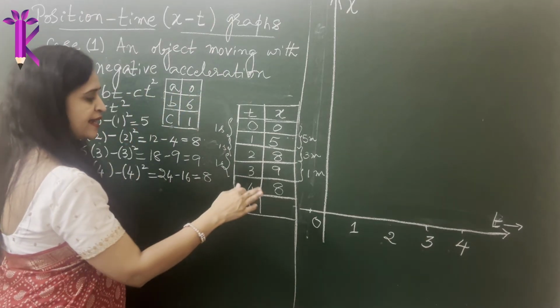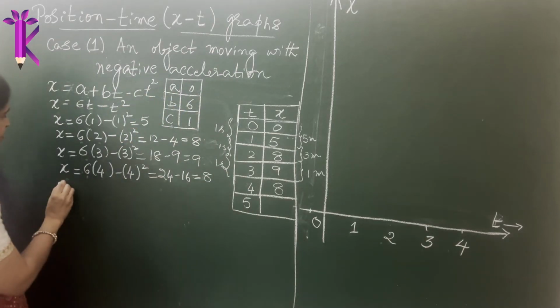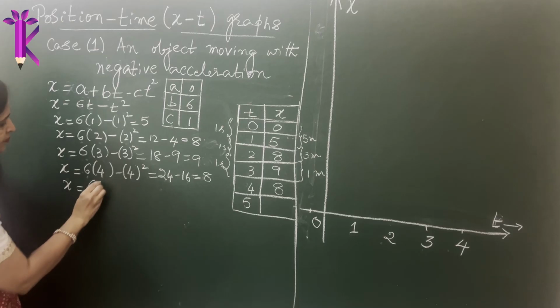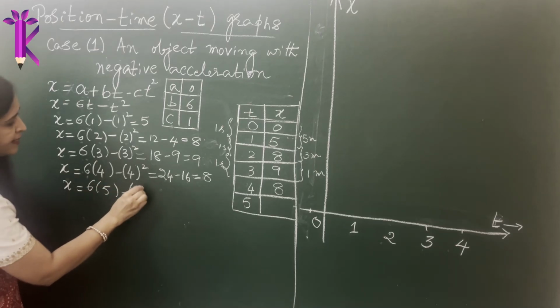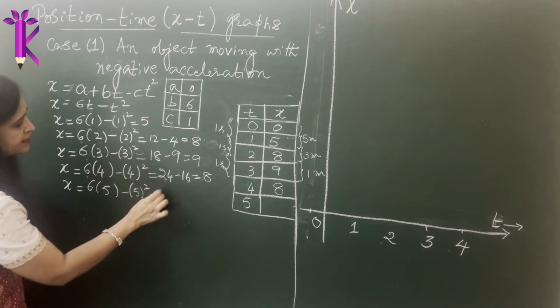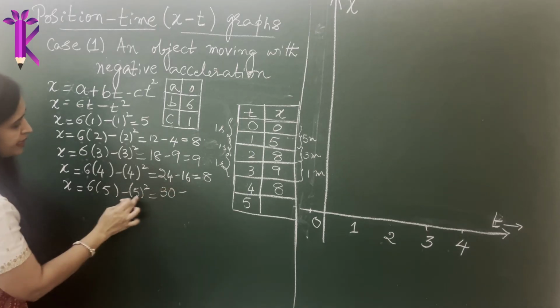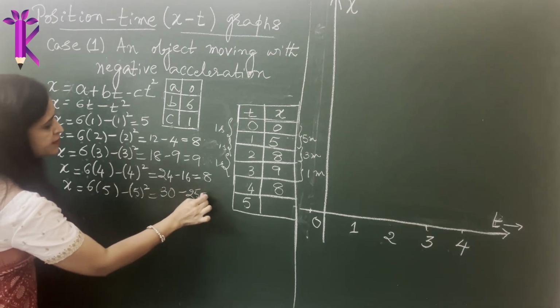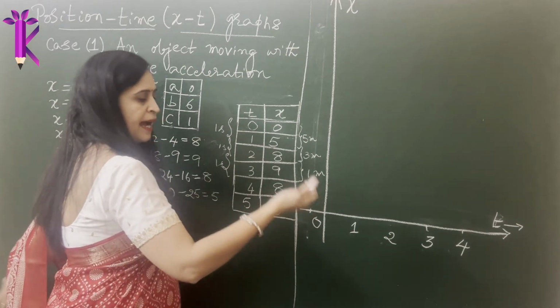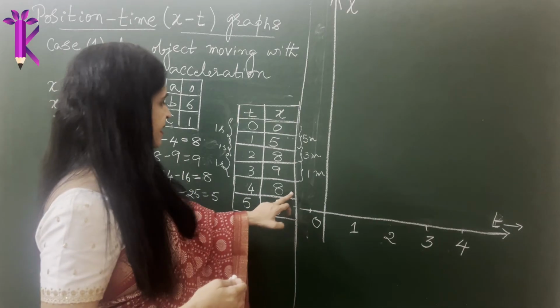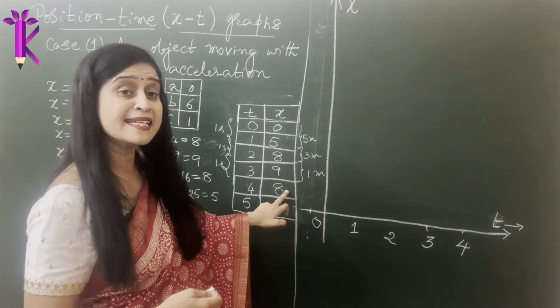Now let's calculate for 5, just out of curiosity. So x will be equal to 6t, that is 6 times 5 minus 5 square. 6 times 5 is 30. 30 minus 5 square, which is 25, so it will be 5. So you see that now in the backward direction the speed is increasing. The difference is minus 3.